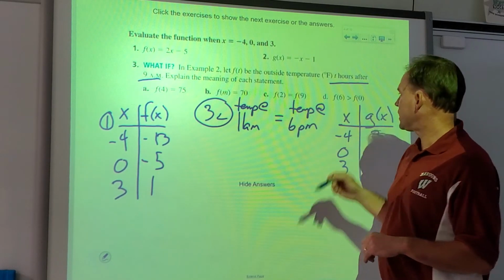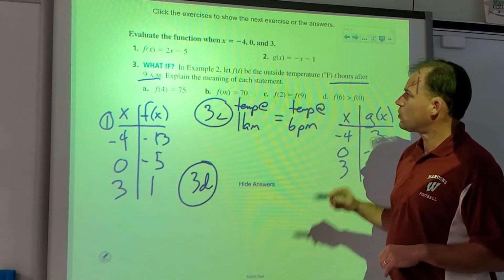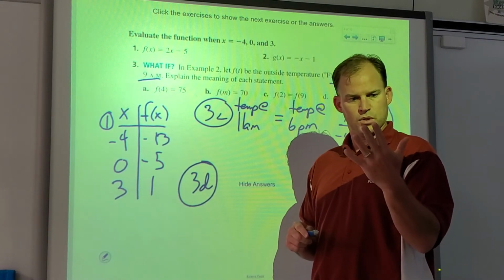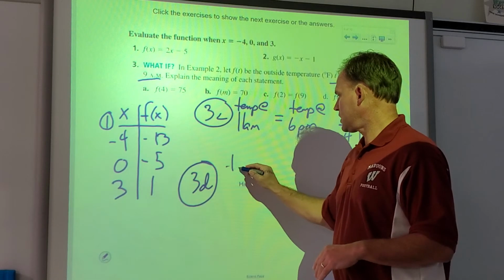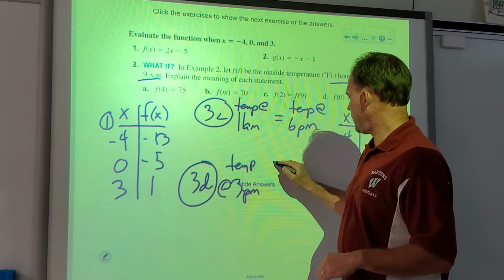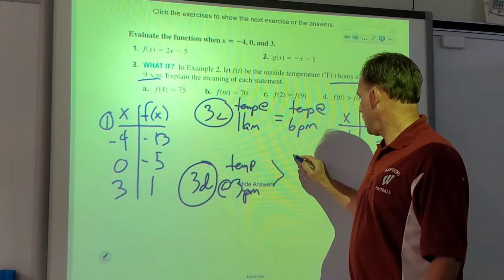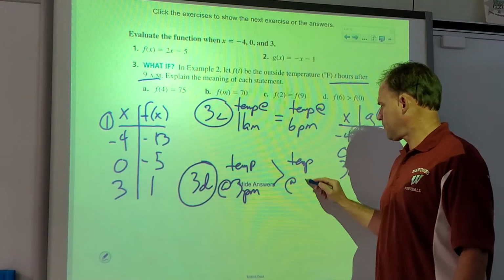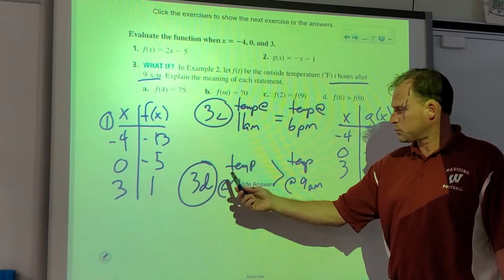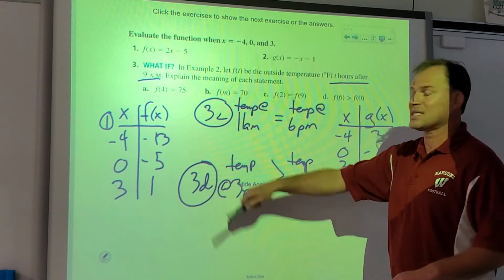And finally, this last one here is 3D, 6 hours after 9 a.m. So 9, again, 10, 11, 12, 1, 2, 3 p.m. So the temp at 3 p.m. is greater than F of 0. 0 hours after 9 is still 9 a.m. So the temperature at 3 p.m. is greater than the temperature at 9 a.m., and I don't know exactly what that is, I just know it's higher.